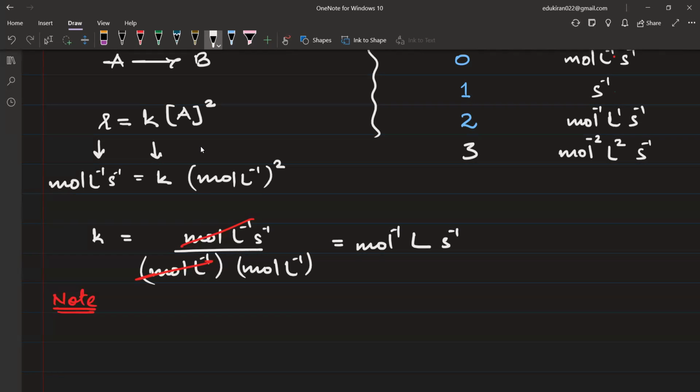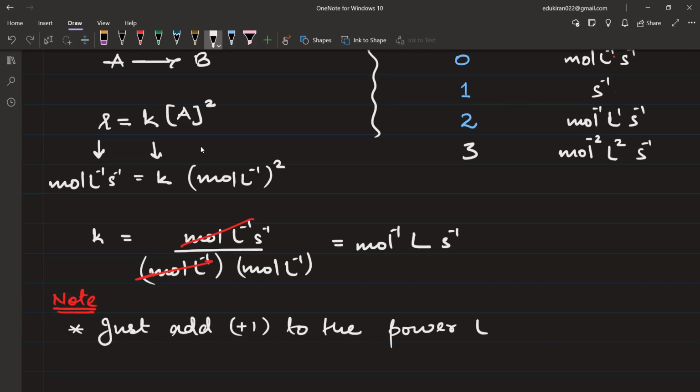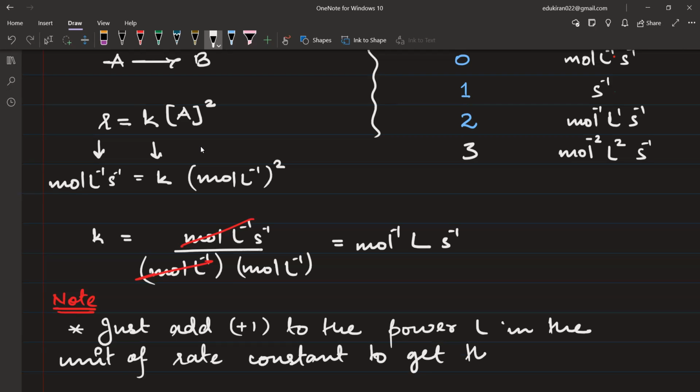Write a note. Just add plus 1 to the power of liter in the unit of rate constant to get the order of reaction.